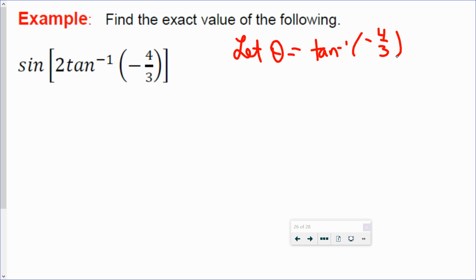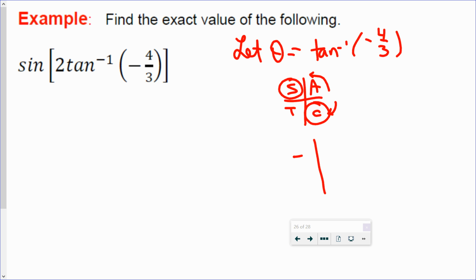Okay, and because it's not an exact value, it's not a nice number on the unit circle. Now, tangent is negative using my CAST rule. Tangent is negative in quadrant number 2 and in quadrant number 3. But remember that we are restricting tangent to be from 0 to pi over 2 or negative pi over 2 to 0. So I'm going to work in quadrant number 4.